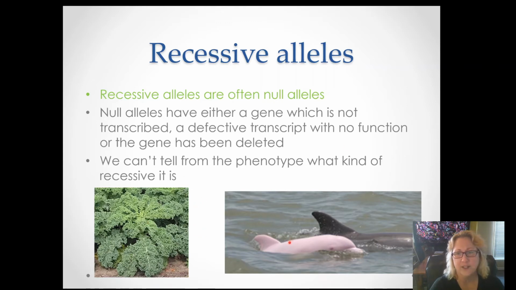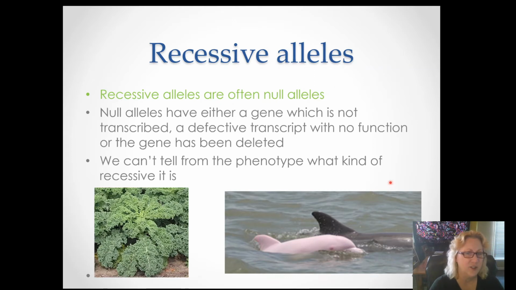So here are examples of two recessive phenotypes. Curly kale, which is very popular: flat leaf kale is the ancestral and dominant condition. Curly kale is a recent recessive mutation that has been cultivated because people like it. Here is an albino dolphin. This is kind of a famous one who lives off the coast of Hong Kong.